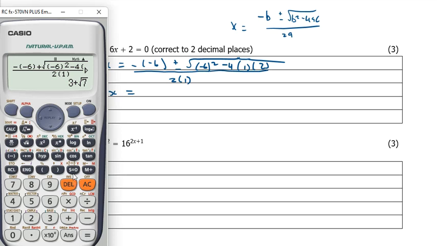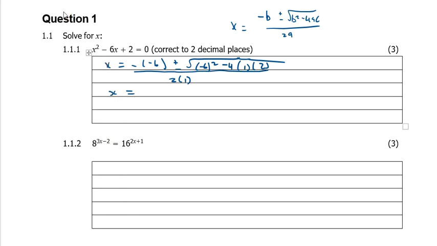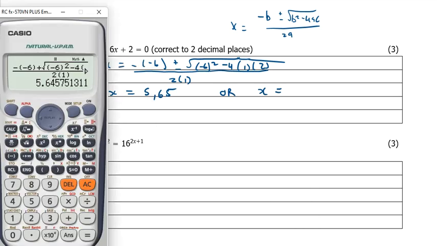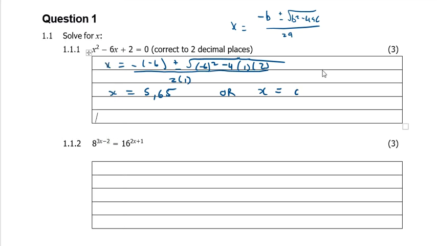And our first possibility for x is, and we were told to round it off to 2 decimal places, so this will be 5,65. Or the second possibility for x, to get that, we will just change the positive to a negative. So our second possibility, 0,35.